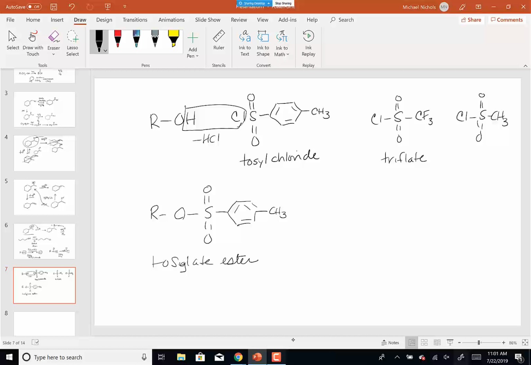The tosylate ester is an ester in terms of being S double bonded O's with an O and an R. So it's a sulfur-based ester.